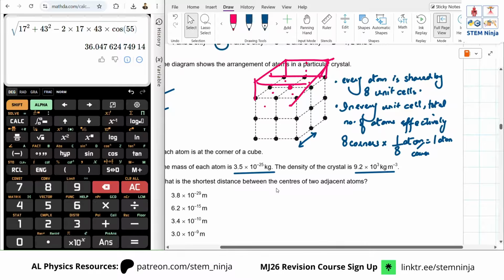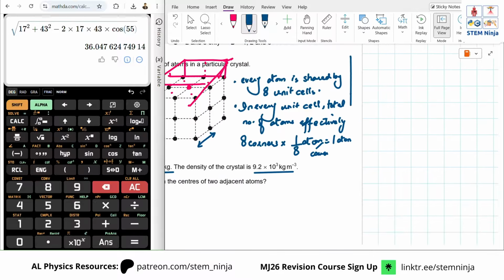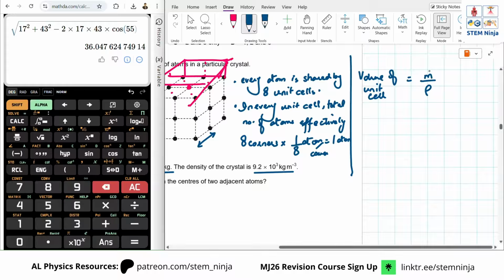So now we need to know the volume of each unit cell. To find the volume of a unit cell, we do mass divided by density. Each unit cell has one atom.